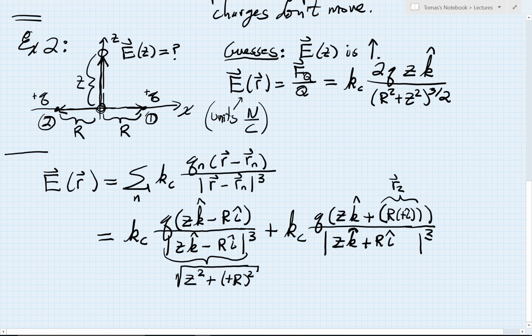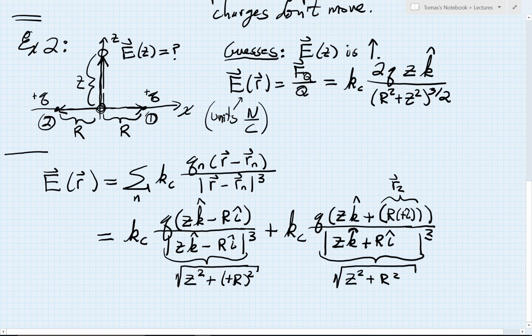But this is nice though, because notice when I look at the other denominator, of course, this square root has to be cubed in the end. That's interesting. Here comes again our favorite 3/2 power. Anyway, back to the magnitude of this one. Notice it's going to be exactly the same thing as what I had just written down. This will be the square root of z squared plus capital R squared.